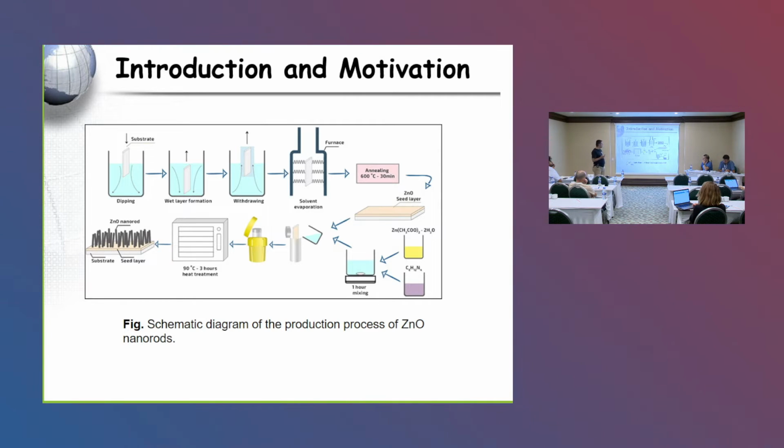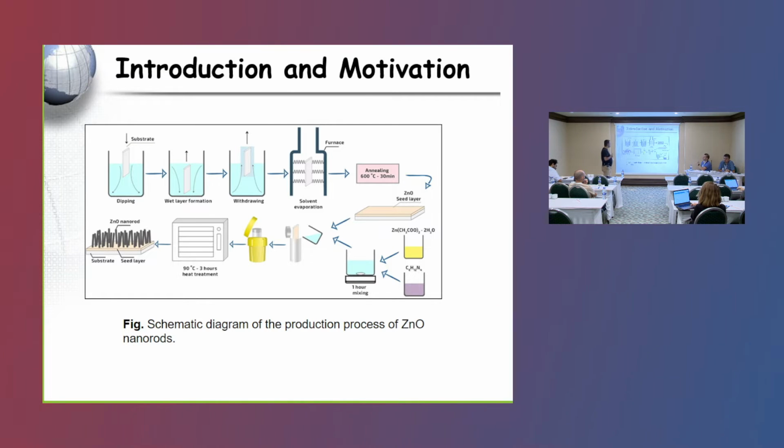If you want to produce just nanorods, we can use hydrothermal routes and directly after that heat treatment at 90 degrees with different heat treatments and growth times, we can produce nanorods. The second one is nanorods on thin films.